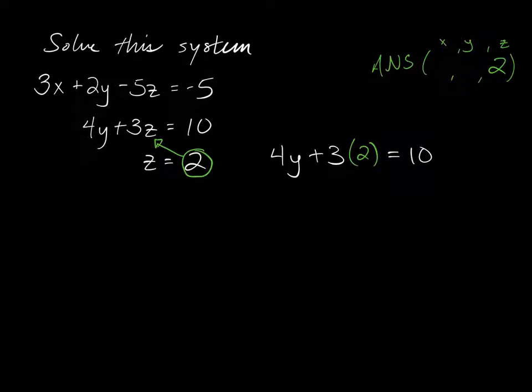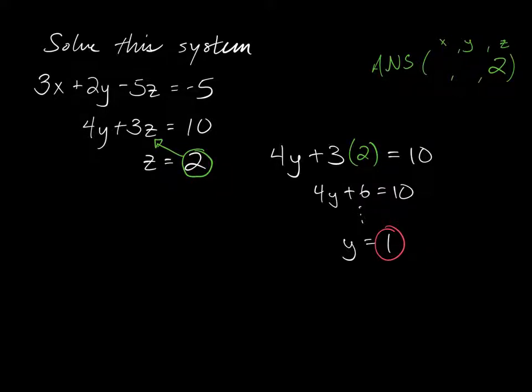So what I can do now is simplify this to 4y plus 6 equals 10. And if I go through and do all the rest of the solving, you'll see that y will equal 1.